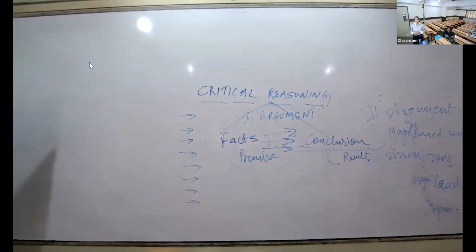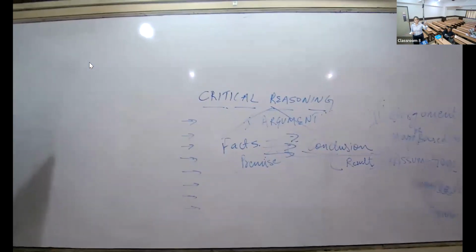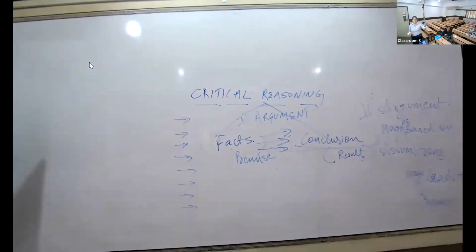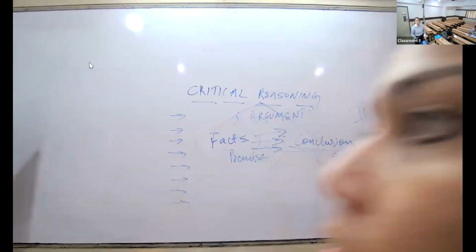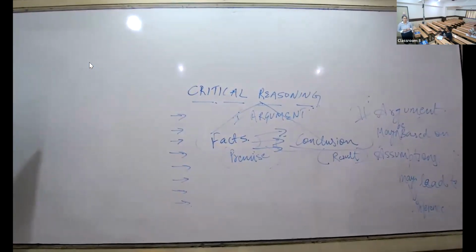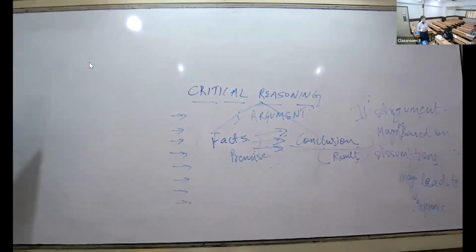Critical reasoning, the first thing is your argument: facts may lead to conclusion. And an argument may also be based on assumptions, which may lead to an inference. These two things, and then we'll revolve our class around them.